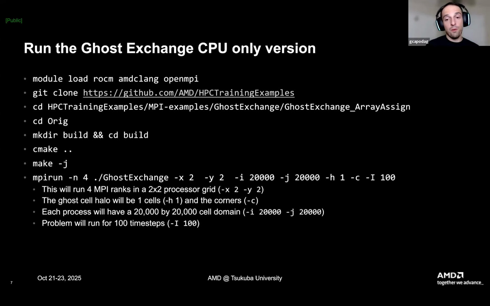And you can also play with that. You can make it larger, even though we don't need it to be larger, if you want to increase the communication and see how heavier communication could impact your runtime. So you can play with the -h value, making it bigger, but 1 is the least that we need.